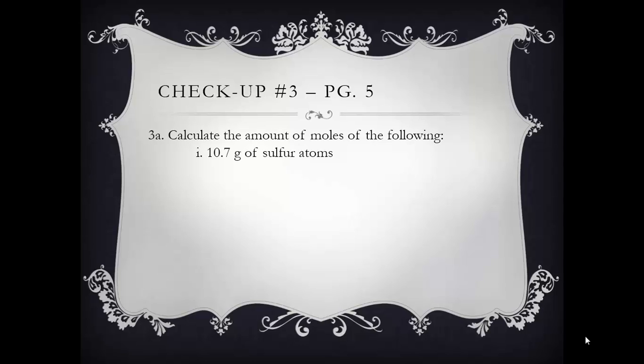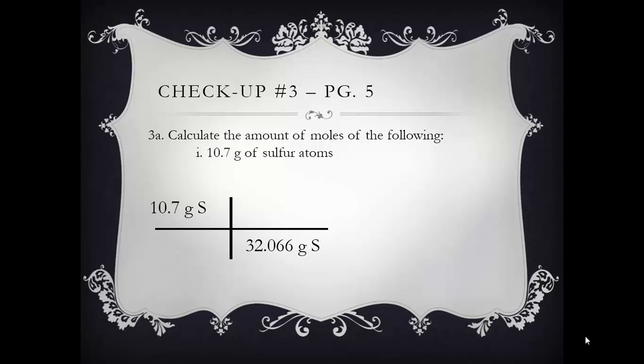Here's some practice. Check out number 3, page 5. Calculate the amount of moles in the following. You have 10.7 grams of sulfur atoms. So, in dimensional analysis, you start with your given. You draw your box and lines. And since you're dealing with mass, you're going to use the molar mass.